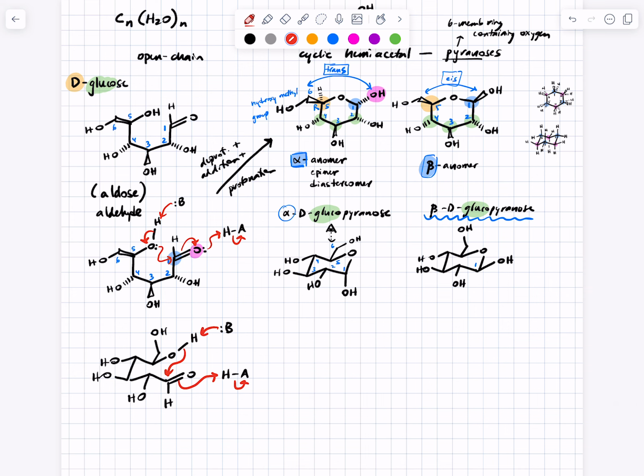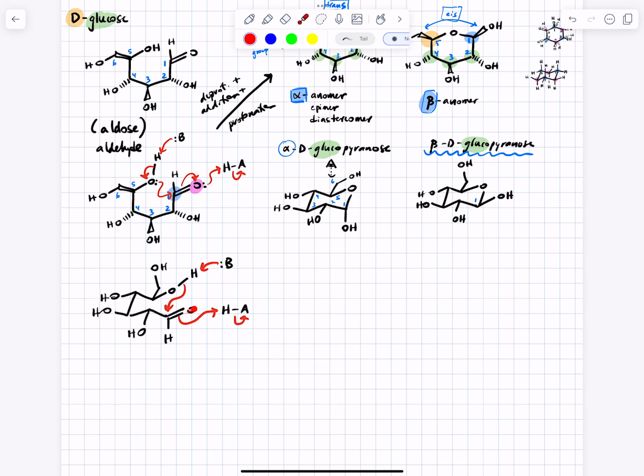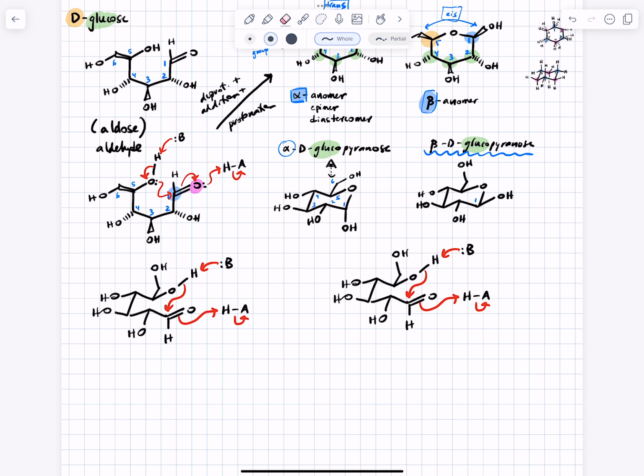One thing to remember is that depending on whether this aldehyde oxygen is pointing upward or downward when the ring closure happens, that will determine whether you get the alpha or the beta diastereomers of glucose.